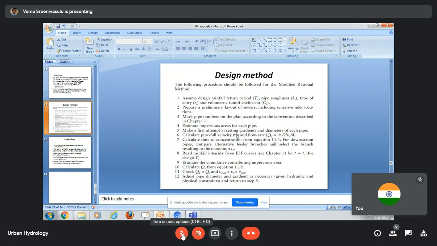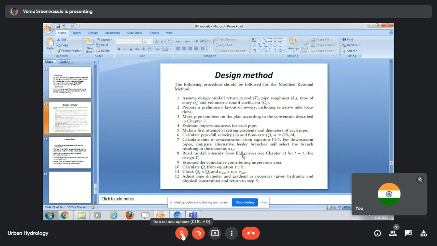So the only input here is what, how do you calculate the I? I can be calculated using the IDF curves. So first for the city you have to develop IDF curves. Once you develop IDF curves for a design T, the return period T being the design T, I can be calculated using IDF curves.